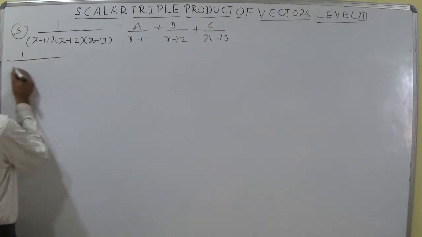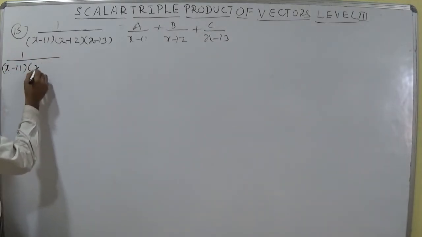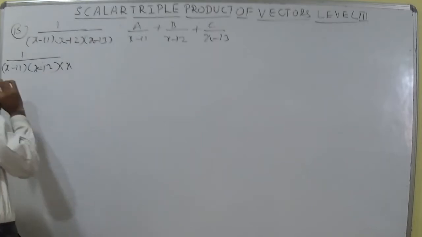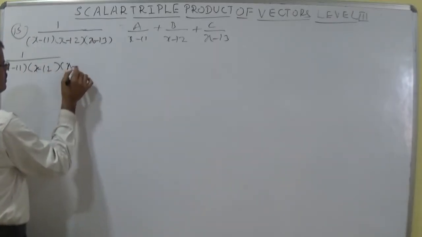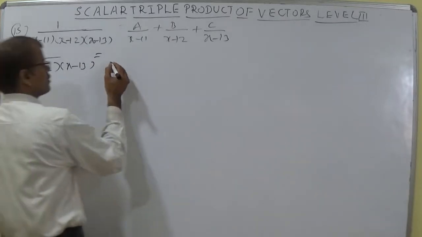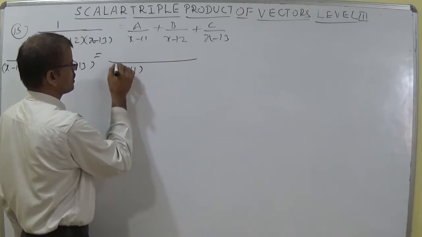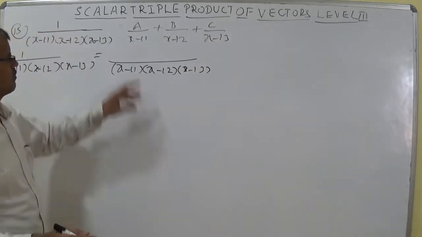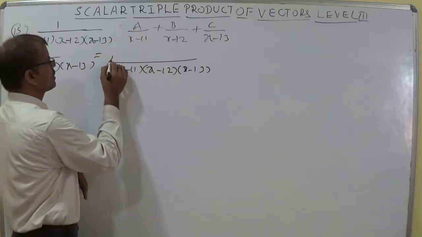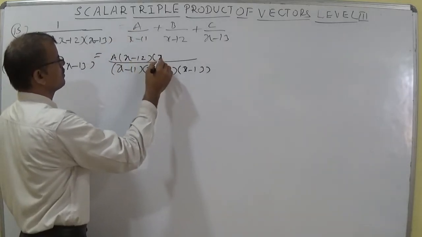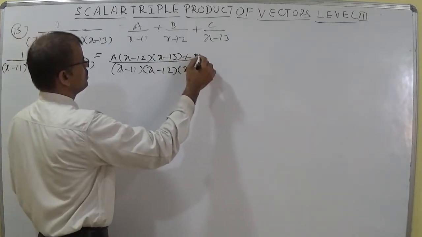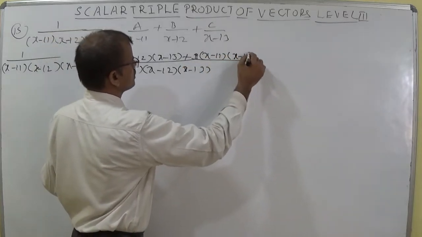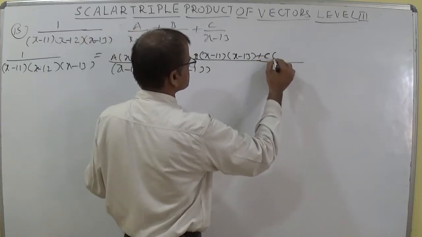We can write 1 by (x minus 11)(x minus 12)(x minus 13) equal to, taking the common denominator, a into (x minus 12)(x minus 13) plus b into (x minus 11)(x minus 13) plus c into (x minus 11)(x minus 12). For a, you should not take x minus 11; for b, you should not take x minus 12; for c, you should not take x minus 13.